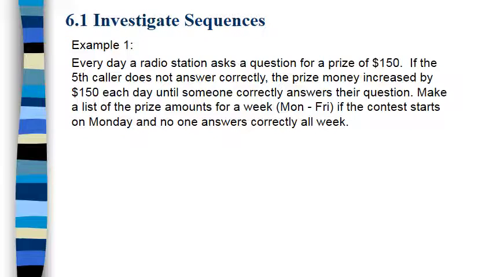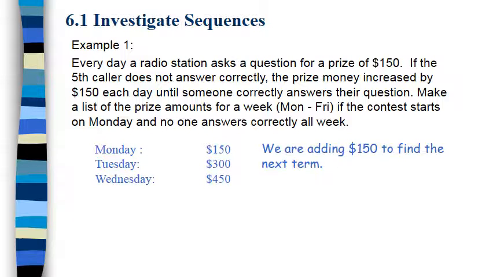Okay, so let's explore. Go ahead and read this. Okay, welcome back. So we notice that we're adding $150 each day. So on Monday, they're offering $150. If no one answers correctly, on Tuesday, you can earn $300. On Wednesday, if no one answers on Tuesday, you could get $450.